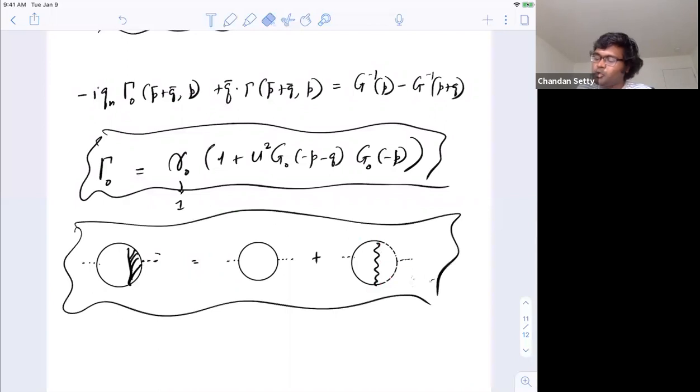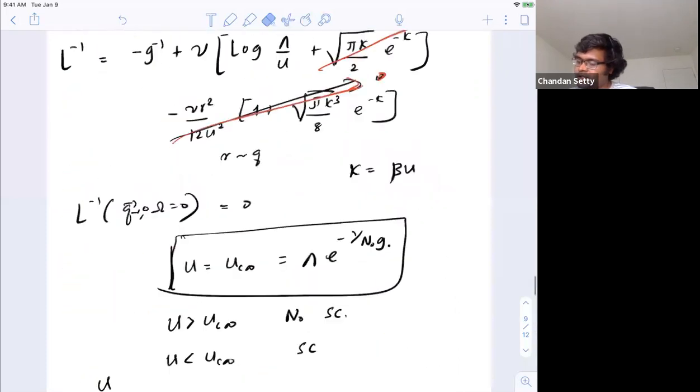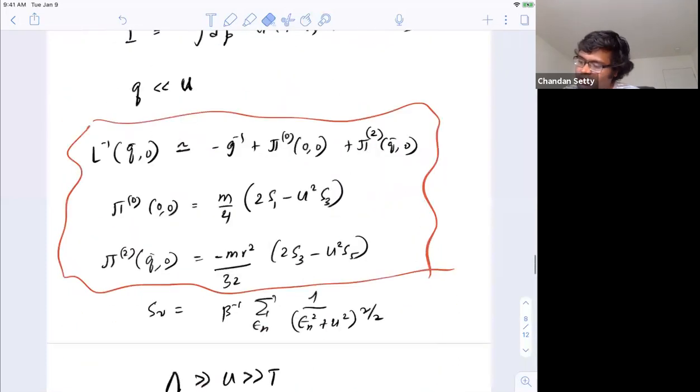And the reason you have this exact expression for the vertex is simply because of the simple form of the self-energy that you have in the YRZ Green's function. Okay, so I can use this to evaluate the corrected pair susceptibility. And what you'll find is, I'm just going to copy this here.